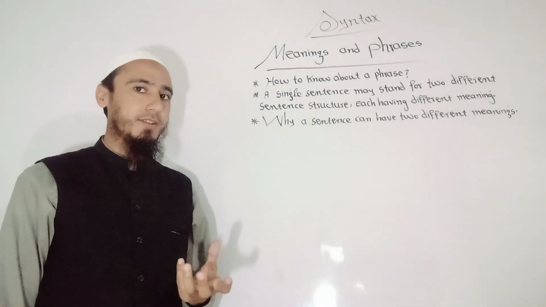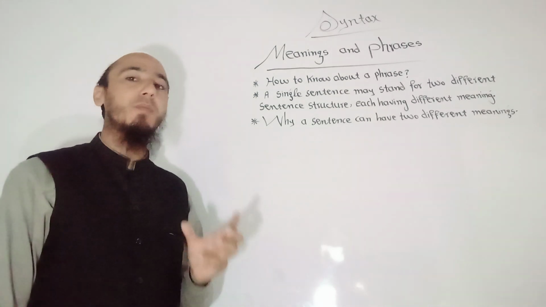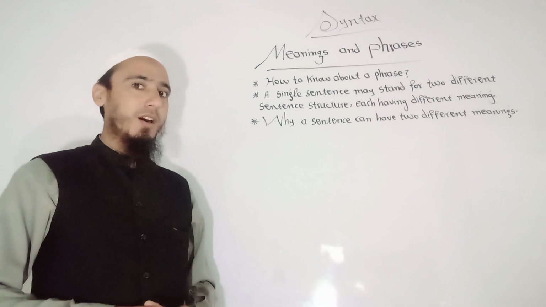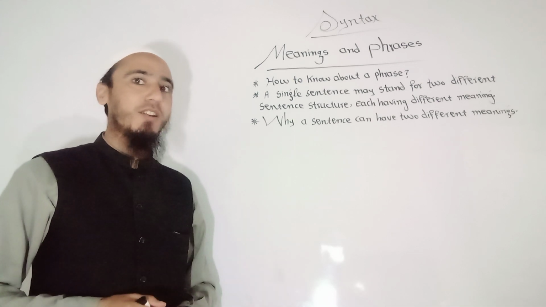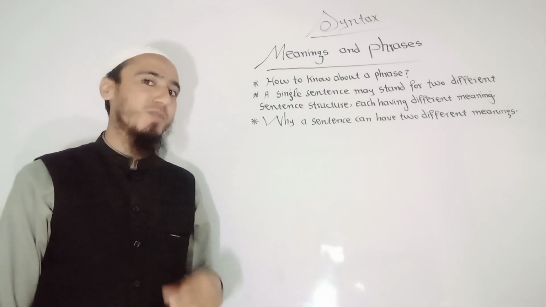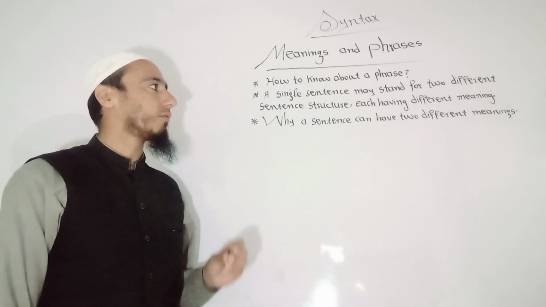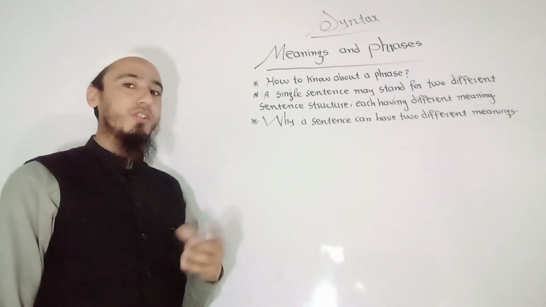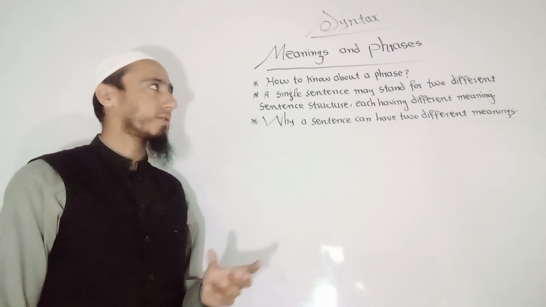What is a phrase? The traditional definition of a phrase is that it is a group of words which does not have a complete meaning. And when we talk about a noun phrase, we would say that it is a group of words which talk about a noun.